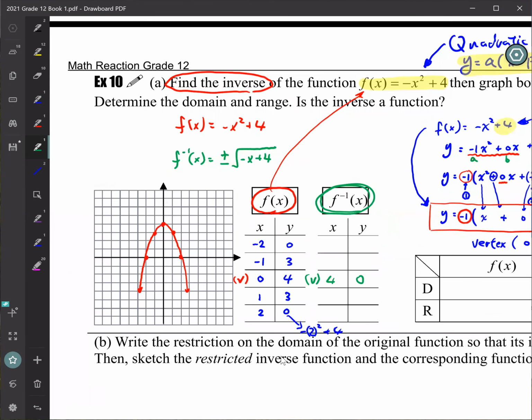Okay, so the table should be 0, -2. Right, 3, -1. Please raise your hand if you finish the graph. 3, 1, 0, 2.